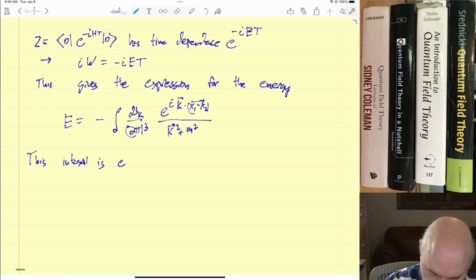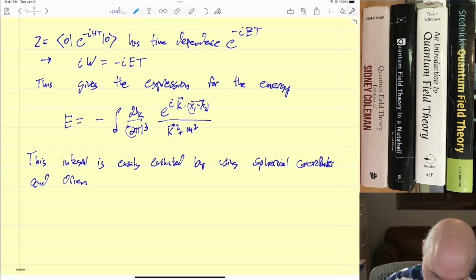It is easily evaluated by using spherical coordinates and orienting the k3 axis along x1 minus x2.